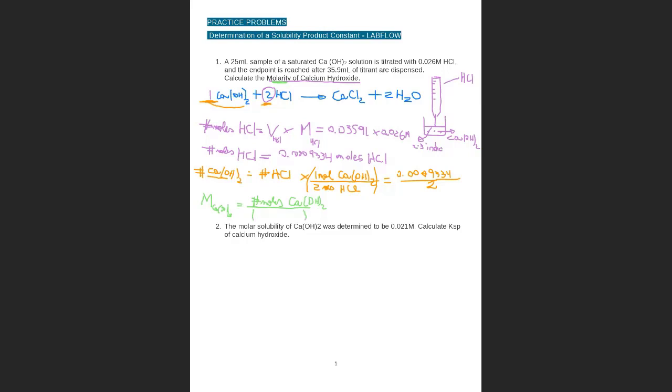So what number do I write here for the volume? Let's read the problem again. Yes, thank you. It says 25 mL sample of saturated calcium hydroxide. So I need to put the volume of the calcium hydroxide because that's what I'm calculating. And that will be in liters, 0.025. So what is the molarity that you obtain in this problem?